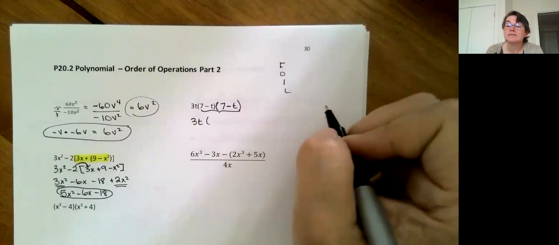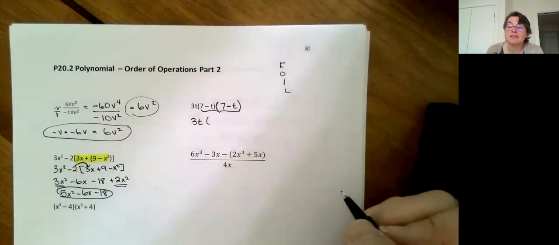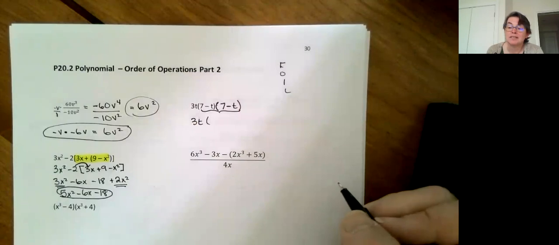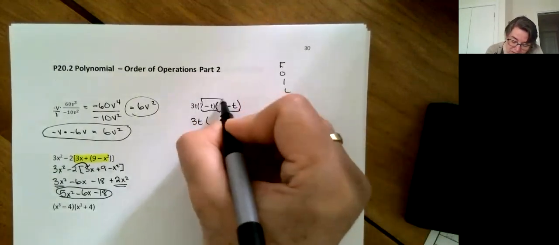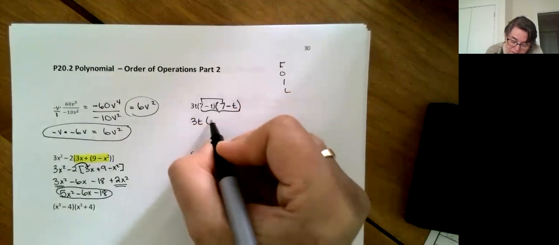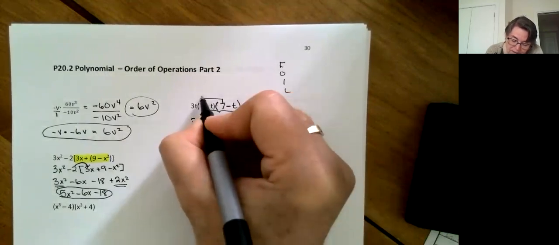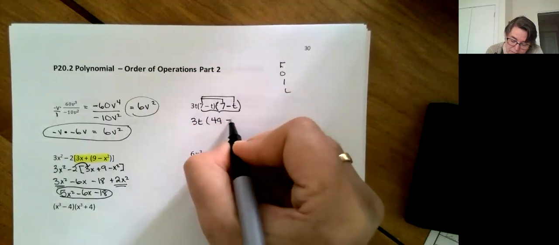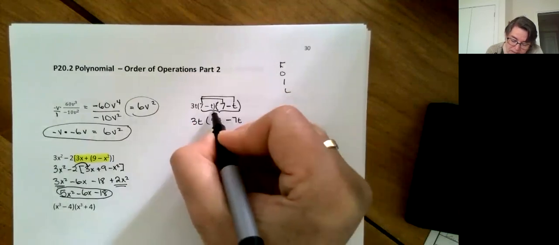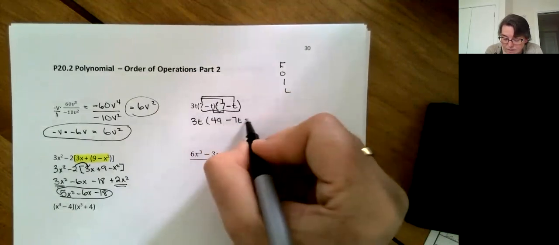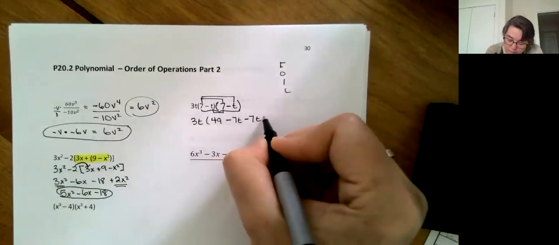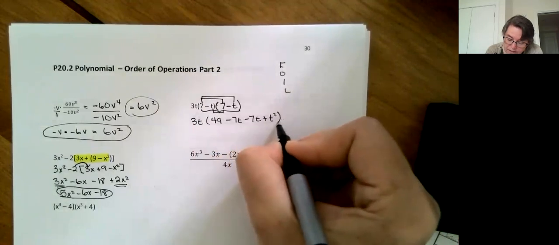If you want to, in the previous video there were some pretty interesting multiplication questions, and I did a couple of examples like that. So I'm just going to do it like this. FOIL, so 7 times 7 is 49. 7 times minus t is minus 7t. Minus t times 7 is minus 7t, plus t squared.